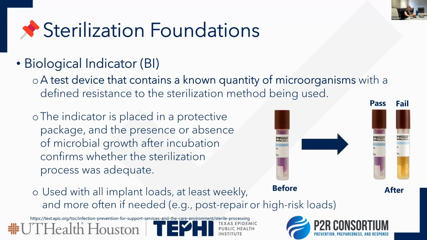If you ever have equipment that you're not sure is running regularly, or you're worried about system failures, running more biological indicators can be a way to ensure that it is up to compliance. Depending on what type of device you have, look at the manufacturer's recommendation for how many times to run it too. So these are different things to be aware of in sterilization practice, based on your organizational policies and the equipment that you are using.